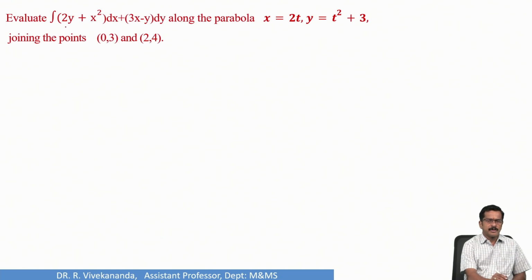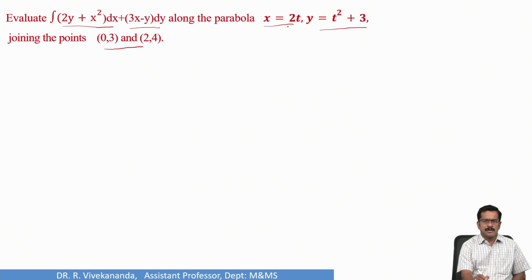Evaluate the integral of (2y plus x square) dx plus (3x minus y) dy along the parabola x equals 2t and y equals t square plus 3, along the line joining from (0, 3) to (2, 4).